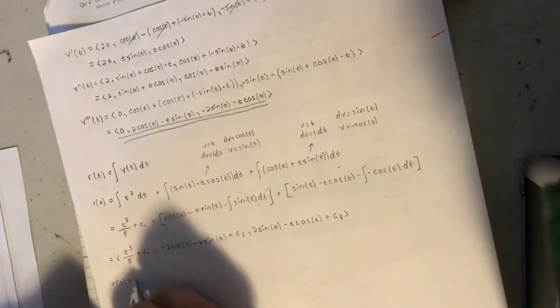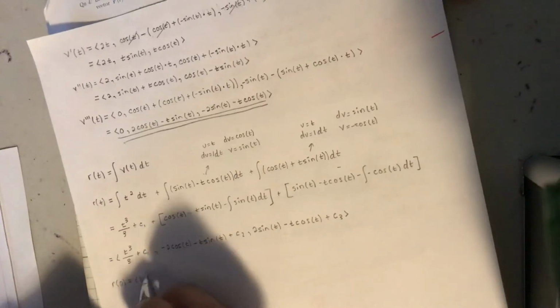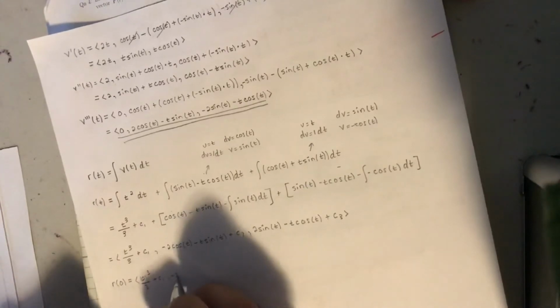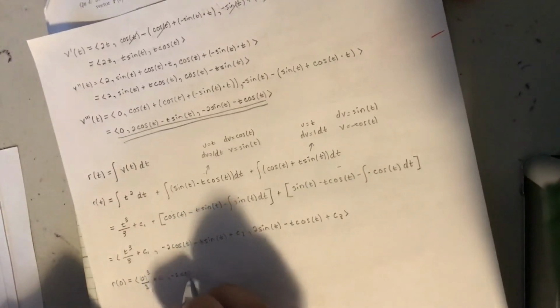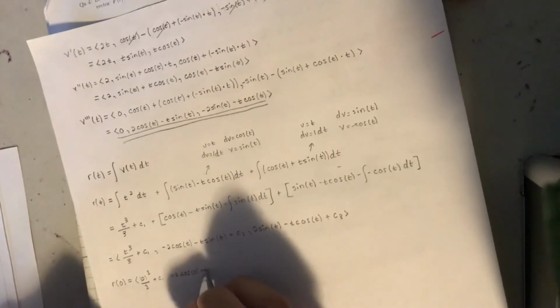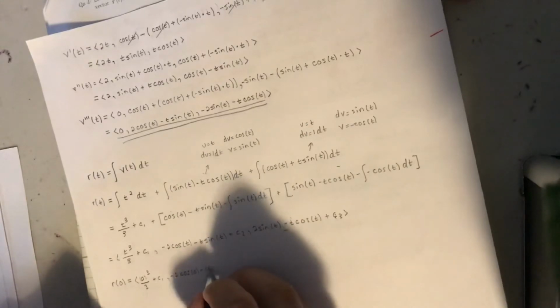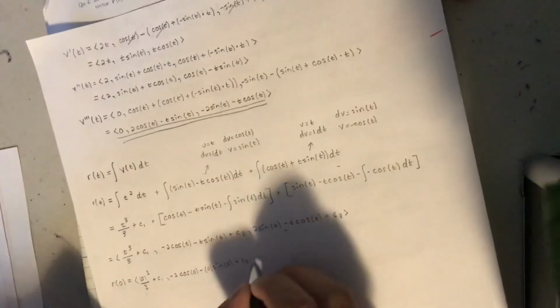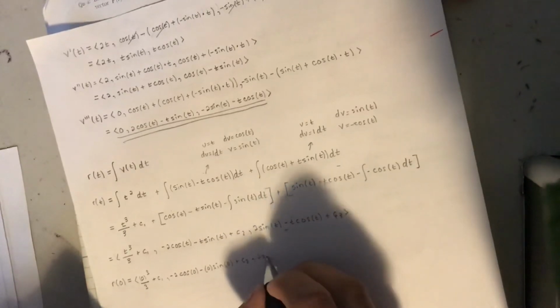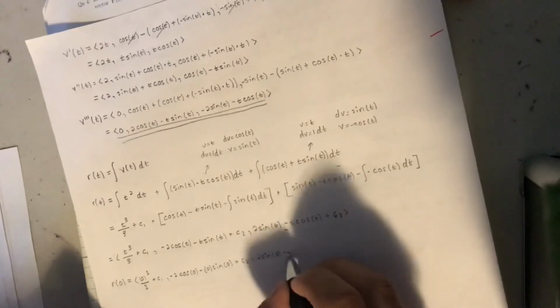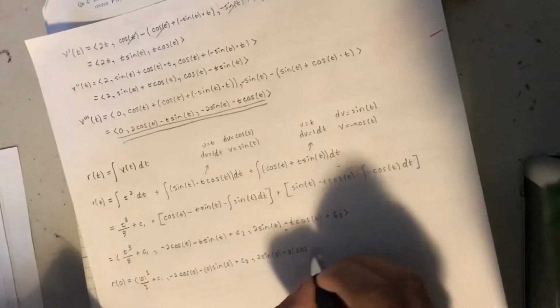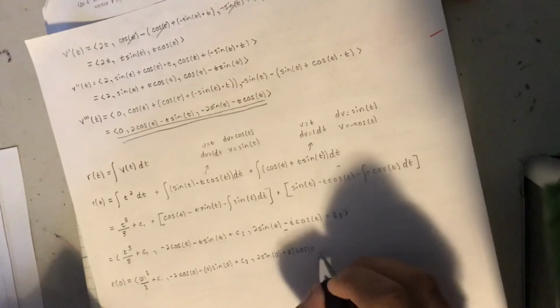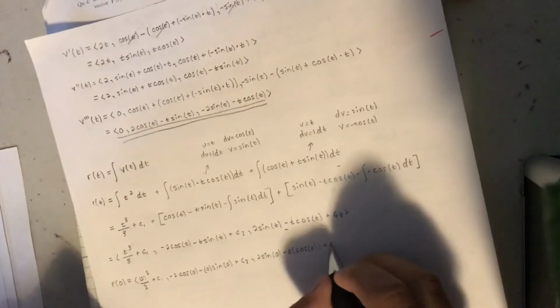So plugging in 0, we get negative 2 cosine of 0 minus 0 sine of 0 plus c2, and then 2 sine of 0 minus 0 cosine of 0 plus c3.